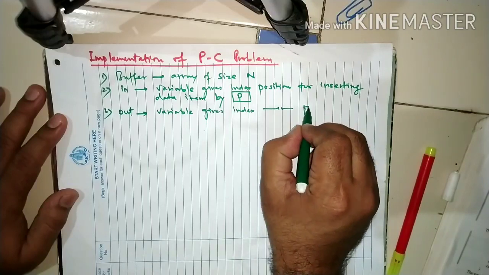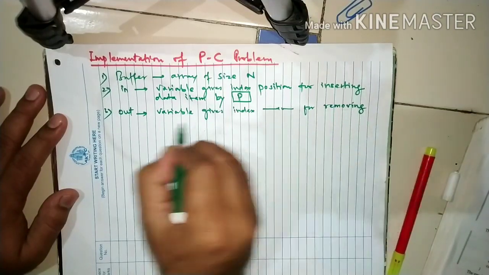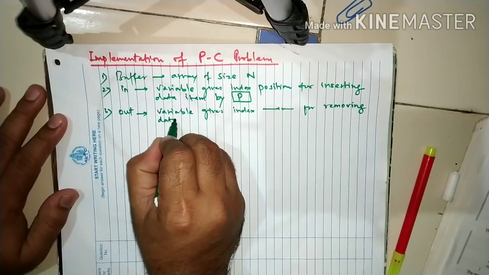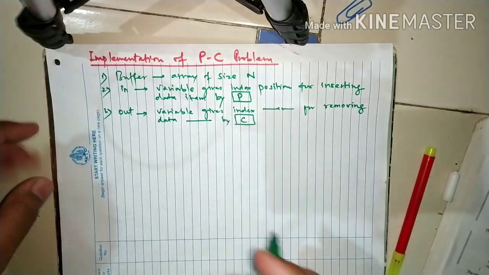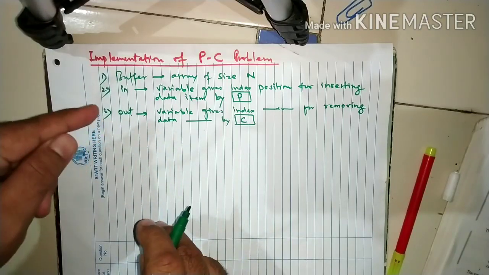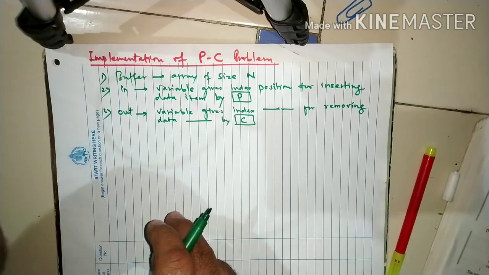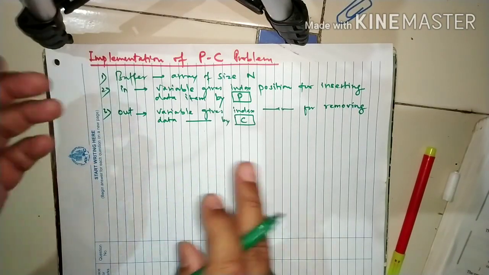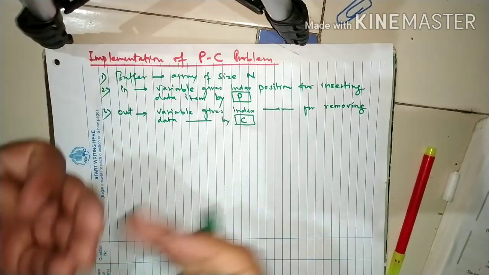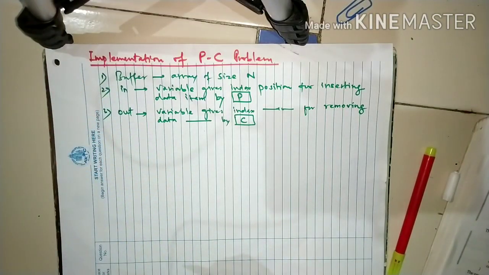So for removing data items by the consumer. These are the two variables which are going to hold the index position of the data item produced by the producer and consumed by the consumer respectively.